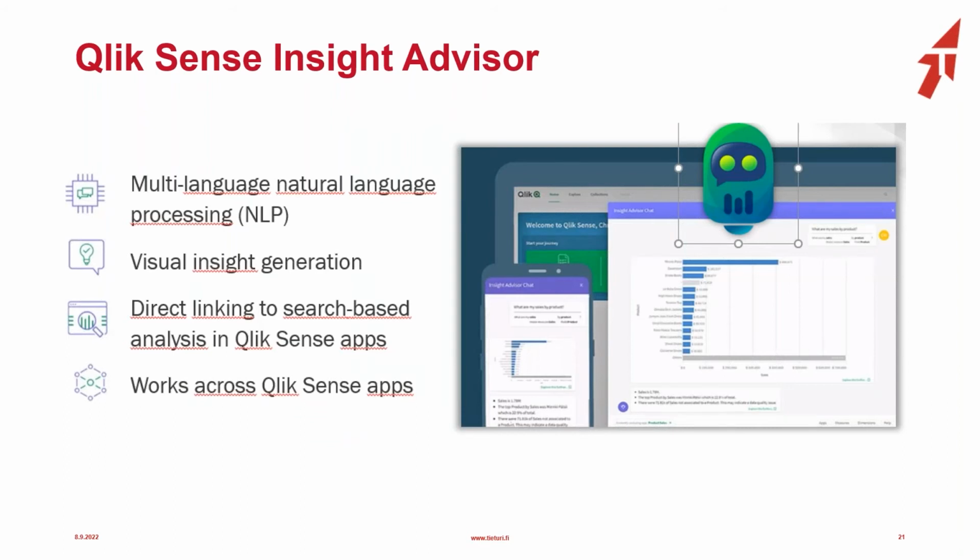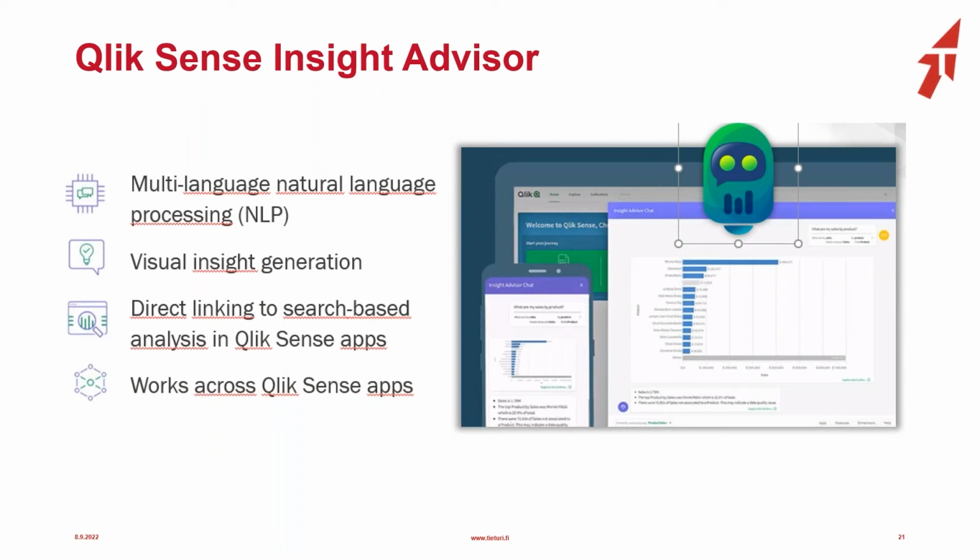Then some of the features, yet again, about Qlik Sense SaaS, an important one is the Insight Advisor, which is a default feature, meaning that you can use natural language, not Finnish, but for instance Swedish, English, Chinese, even Spanish, to have those insights.